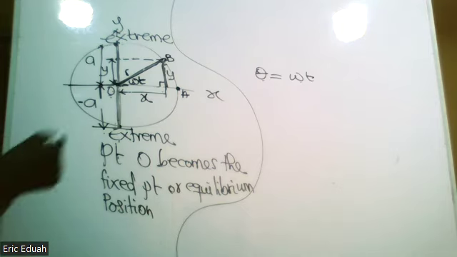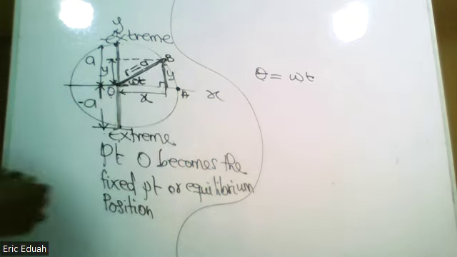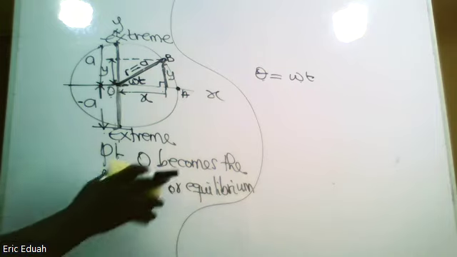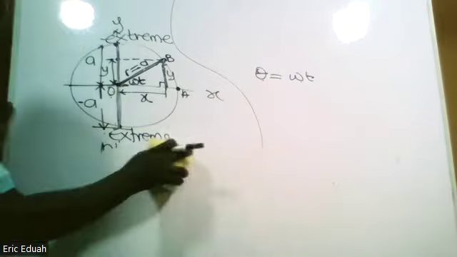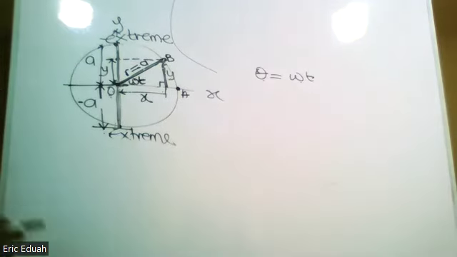So we can say that R is equal to A. Radius is equal to amplitude. Does it make sense? Okay. So these are the technicalities involved here. Please pay attention. So R is equal to A.